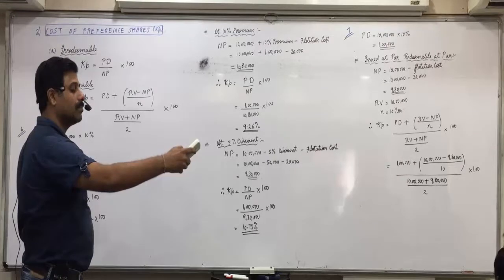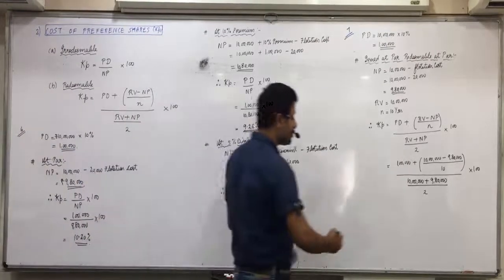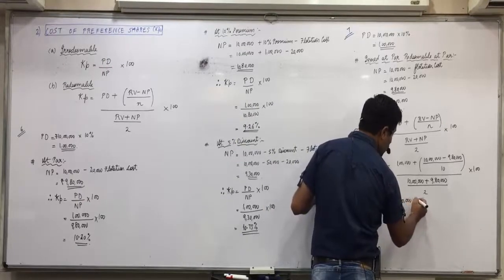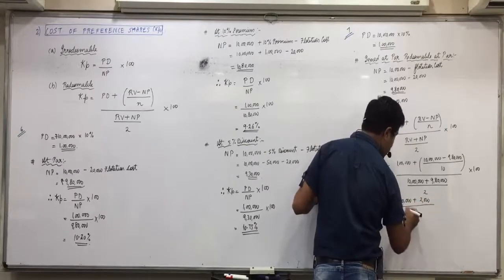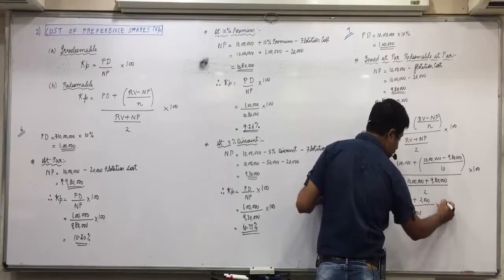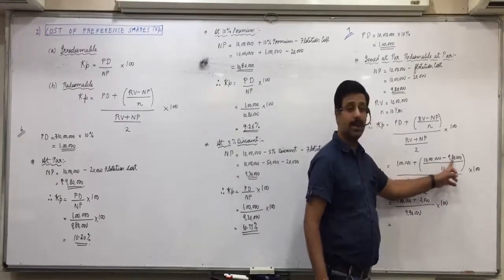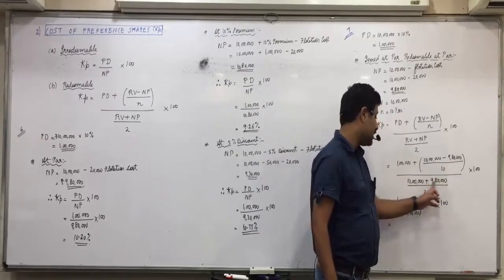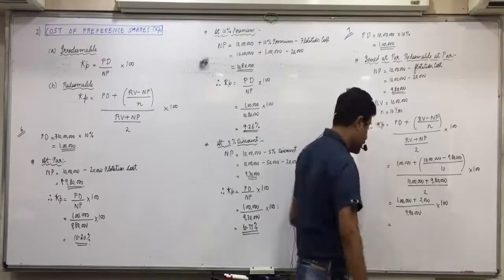Further: 1 lakh plus 2,000, divided by 9,90,000, into 100. 10 lakhs minus 9,80,000 is 20,000, divided by 10, that is 2,000. 10 lakhs plus 9,80,000 is 19,80,000, divided by 2, that is 9,90,000.